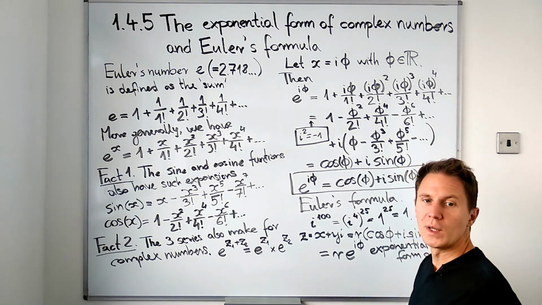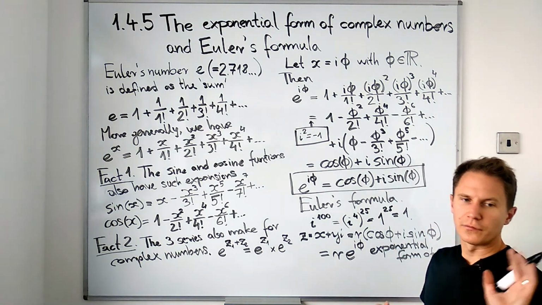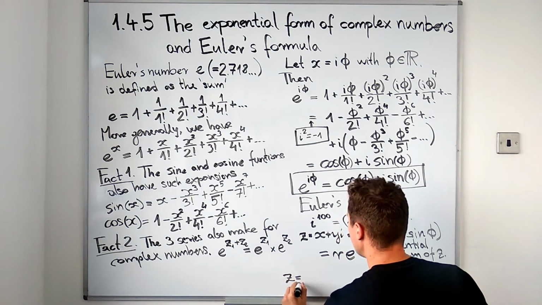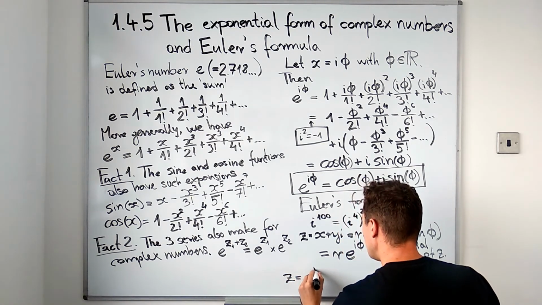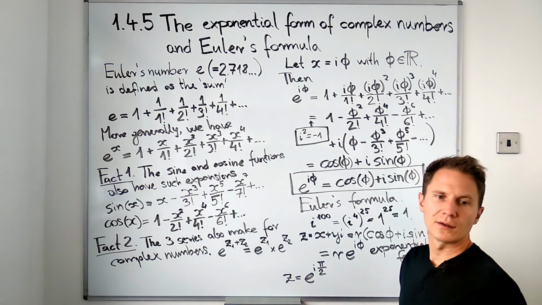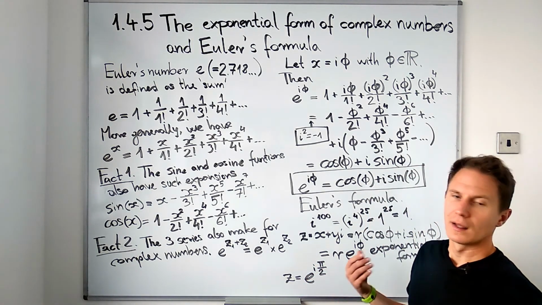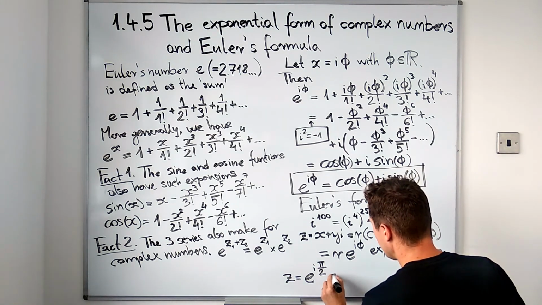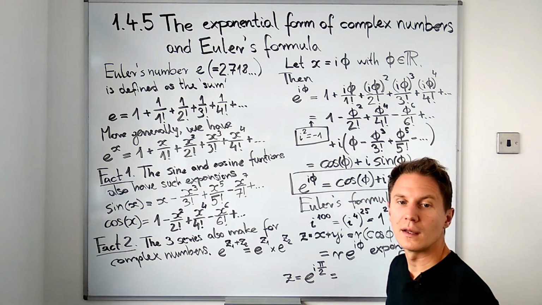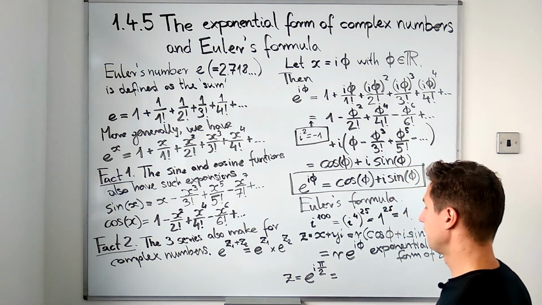And to finish the video, I would like you to consider the following number. So to have this example, e to the I pi over 2. I would like you to calculate this number and give me this number in its algebraic form. So pause the video, calculate the number, and input it in its algebraic form.